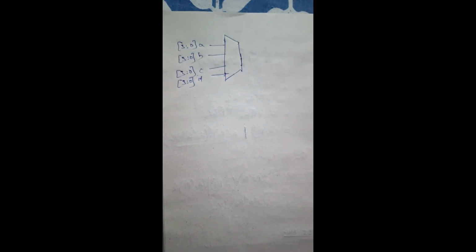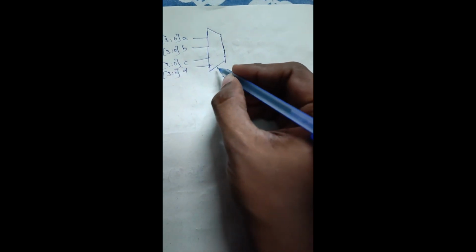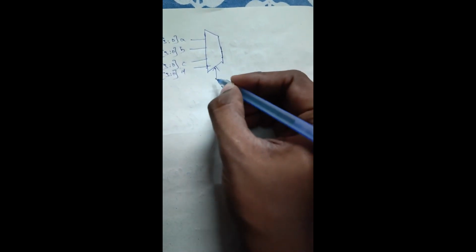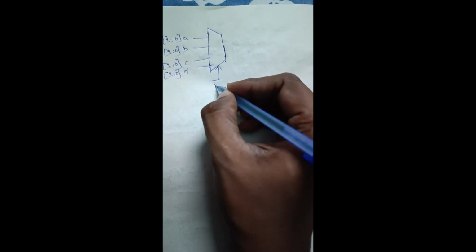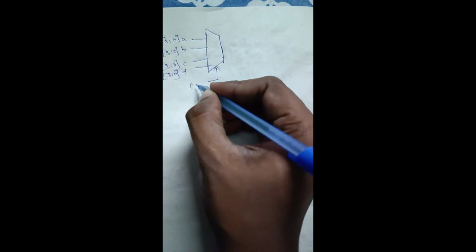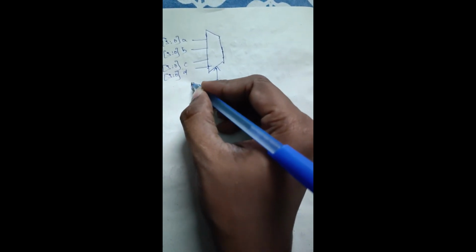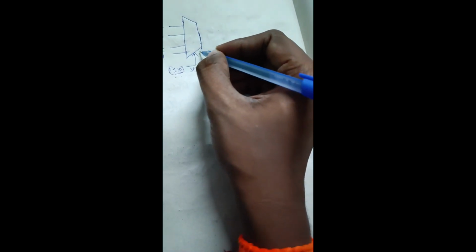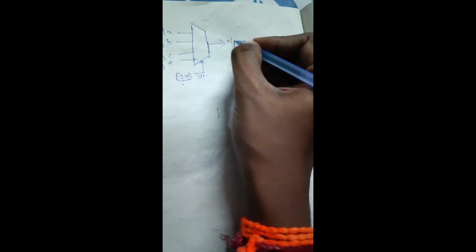So every input will consist of 4 bits, and another one is the selection line. Here the selection line will be 1:0, so 2 selection bits will be there. That means 2 possible connections, 1:0 meaning either 0 or 1, and here we will have 1 output.